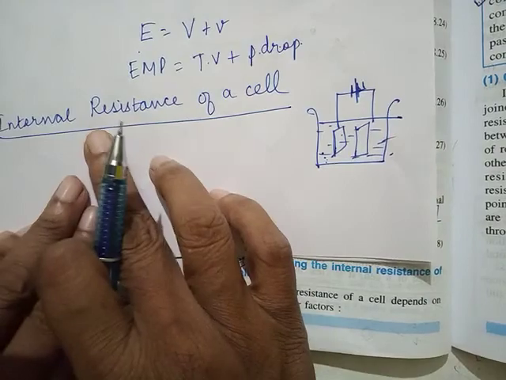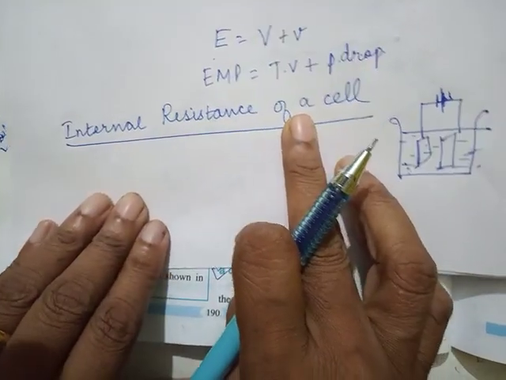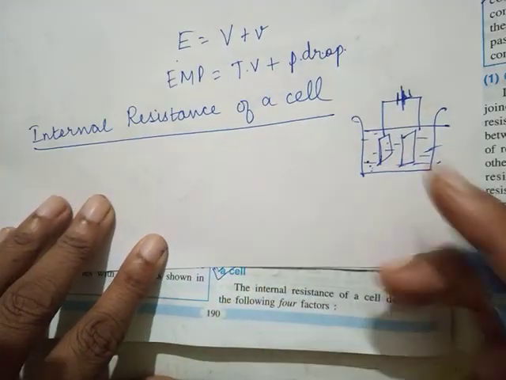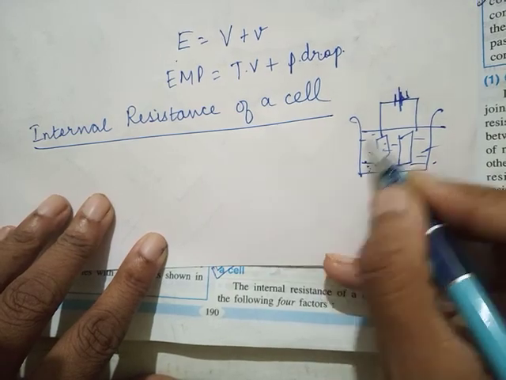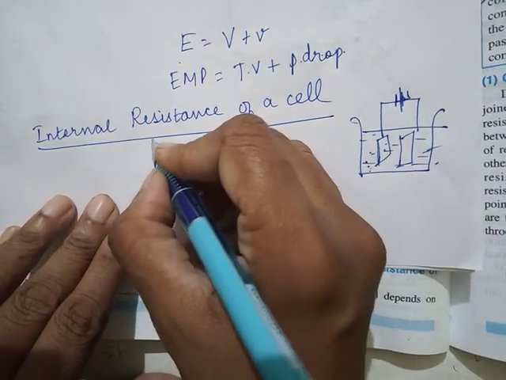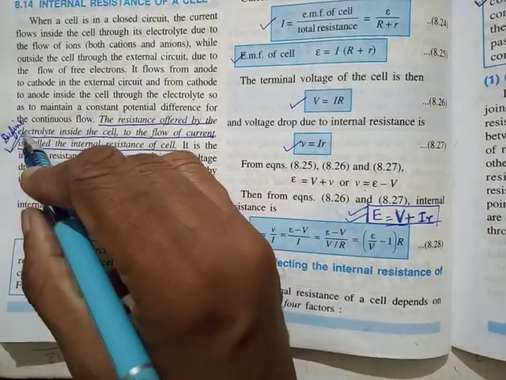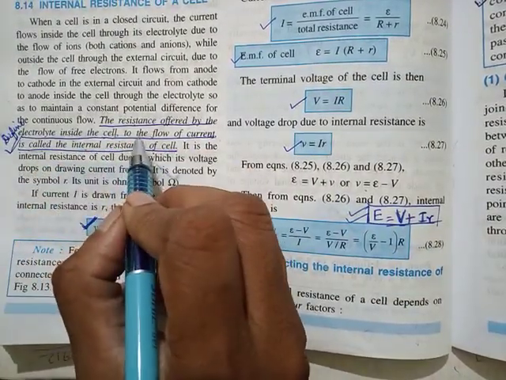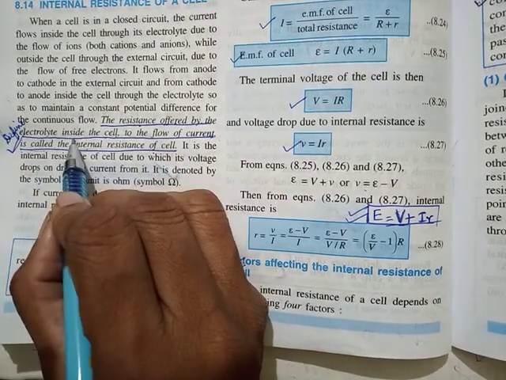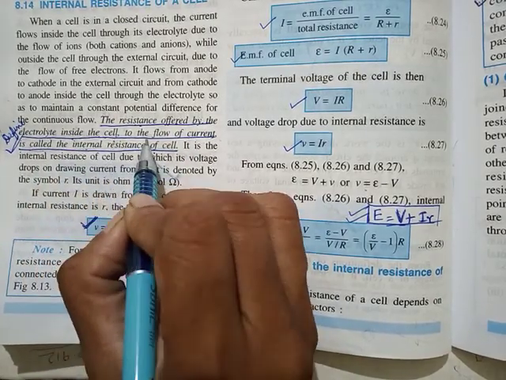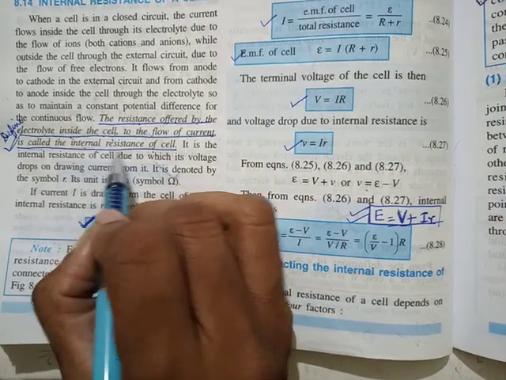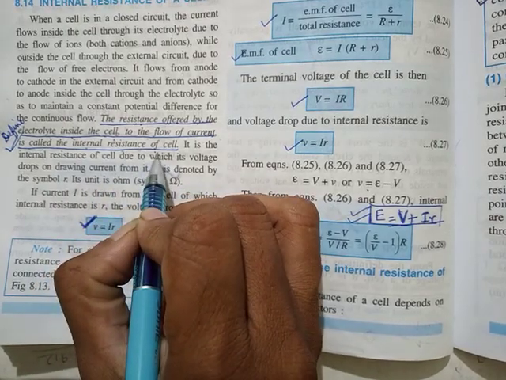So that is due to this term called internal resistance of a cell, that is due to the electrodes and electrolytes in a battery. This is represented by small r. Now the definition of internal resistance of a cell: the resistance offered by the electrolyte inside the cell to the flow of current is called internal resistance of a cell.